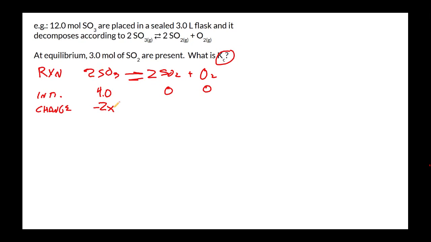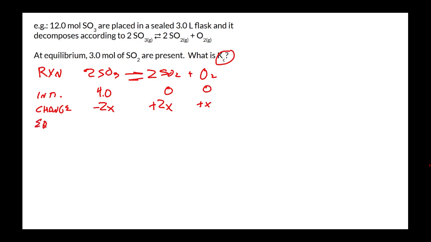The x just means we're not really sure how far this is going to go, so that's a stand-in. But we know that if we lose 2x moles per liter of SO3, because of the 2 to 2 ratio, we are going to gain 2x moles of SO2. And because of the 2 to 1 ratio, we are going to gain x moles per liter of O2.